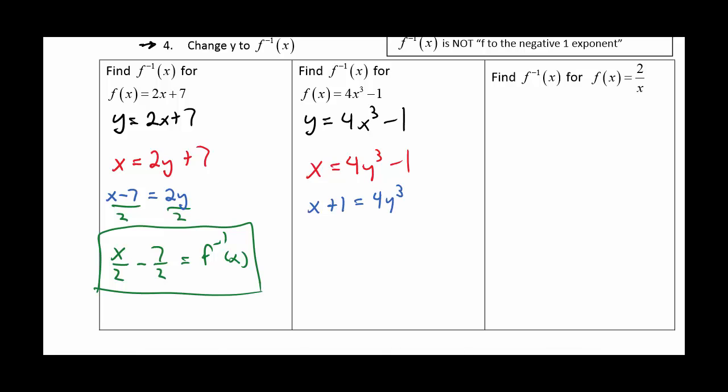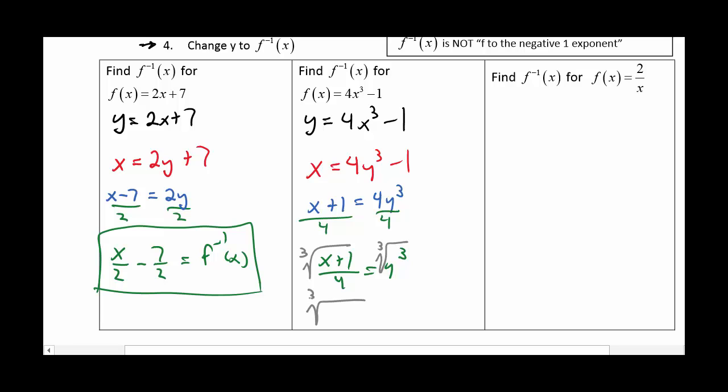Then I want to divide everybody by 4, and in this case I'll keep it as one fraction. So I have (x plus 1) over 4 equals y cubed. And so how do we get rid of the cubed? Well, we're going to take the cube root. So I get the cube root of (x plus 1) over 4 equals the inverse. And that's a perfectly good inverse for right now.